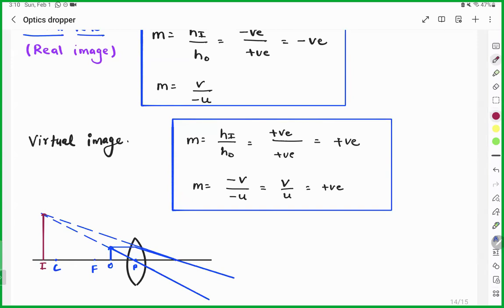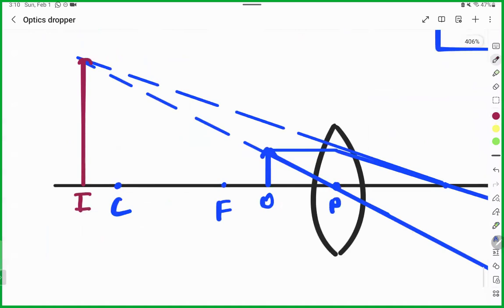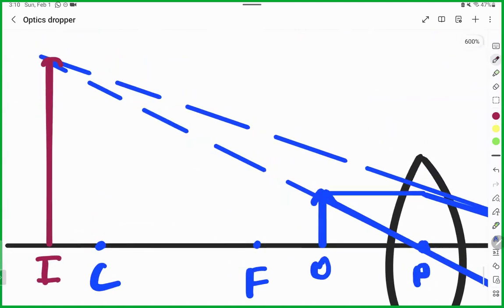So guys, what is happening in this situation? The object is above, you can see. So object height is positive. I will show you here. See, here our main criteria is the principal axis.